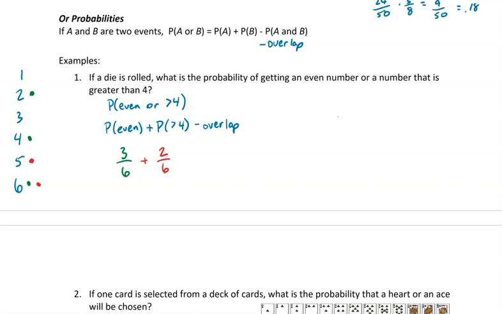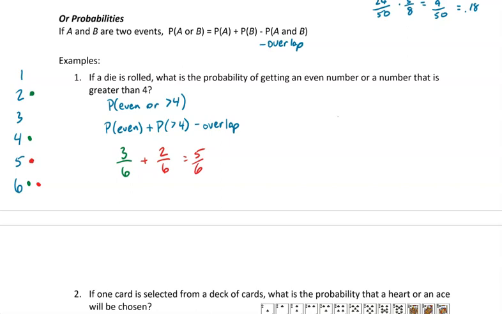Now what I mean by overlap is we accidentally counted one of these twice. So you can see that there were 4 numbers that fit at least one of these two. As in, there are 4 numbers that are either even or greater than 4. But right now, if we just add these up, we would get 5 out of 6.